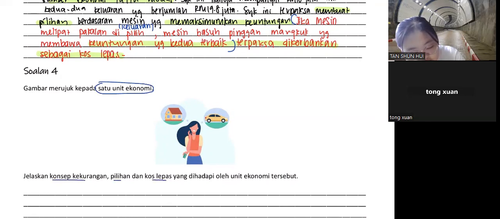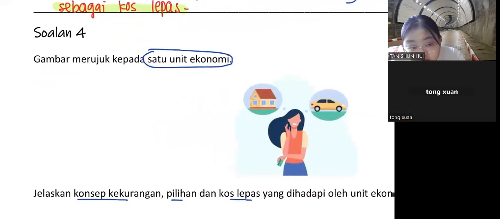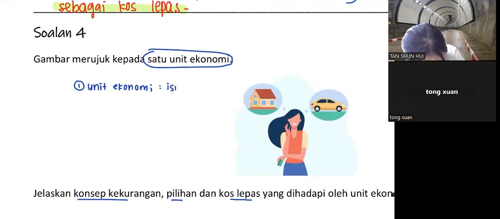So first of all, they tell you this is one of the economic units. So first, what economic unit are they? Isi rumah. Yes. So unit ekonomi di atas ialah isi rumah. Second, isi rumah is facing what? Menghadapi kekurangan.